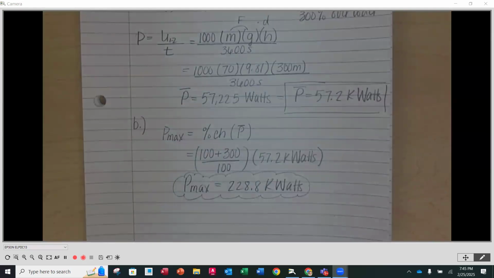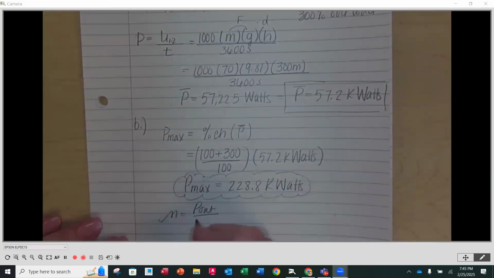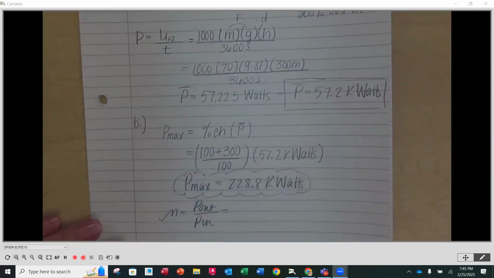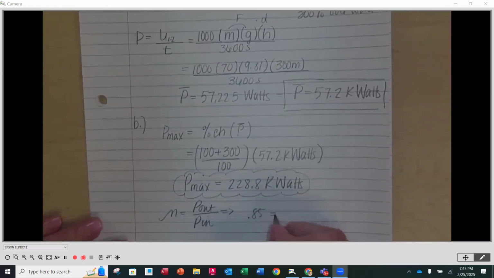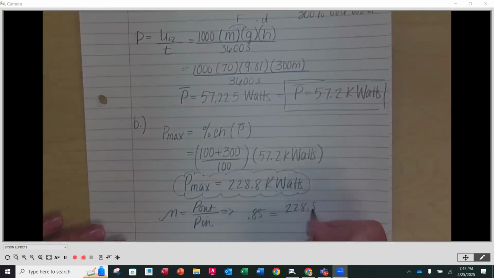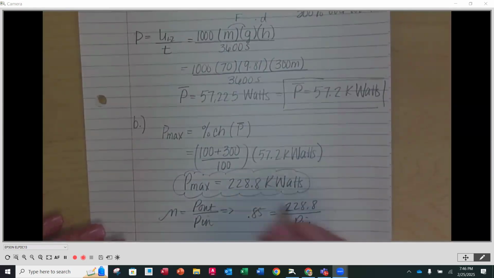They said in this problem that we're going to be at that 300% overload, but now we also have 85% efficiency. So we know that efficiency is equal to power out over power in. If we know this to be 0.85, it's going to be equal to the max power, which is our power out that we need, 228.8, divided by the power in that we need to get.